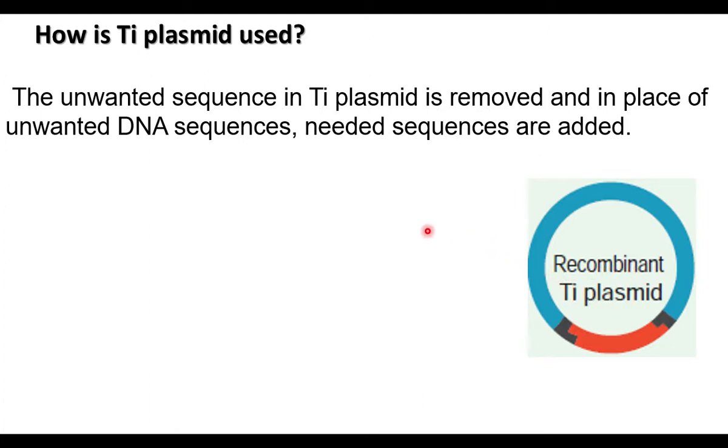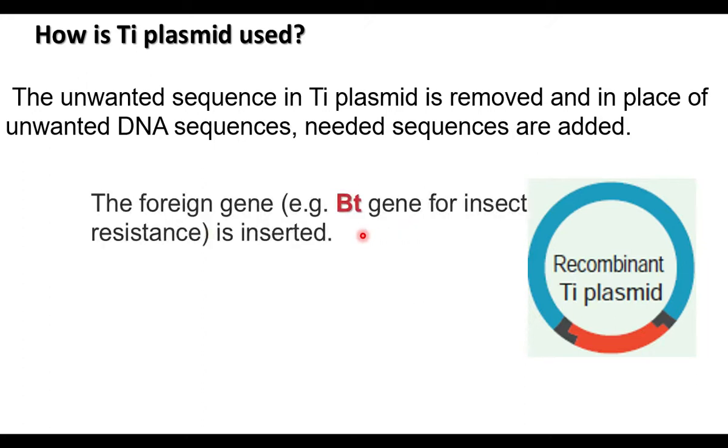Now let us see the needed sequences. The first one is the gene of interest, or we can say foreign gene. The foreign gene is inserted in the place of the unwanted sequence. This is the needed sequence called the BT gene.